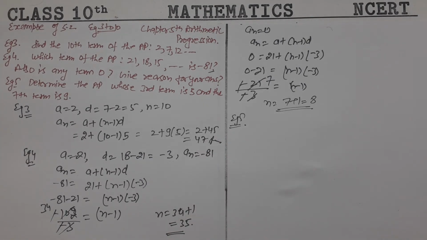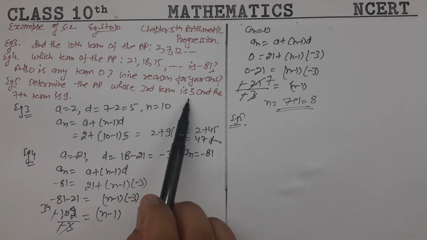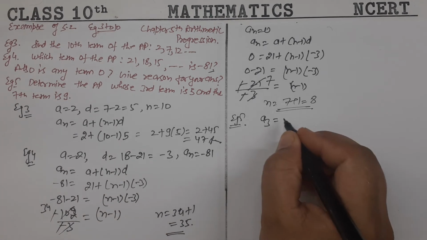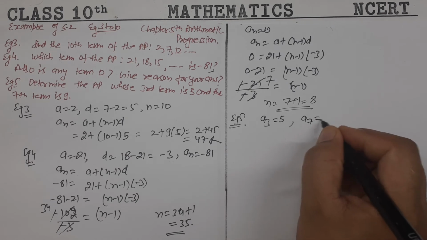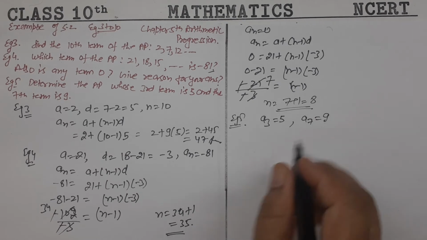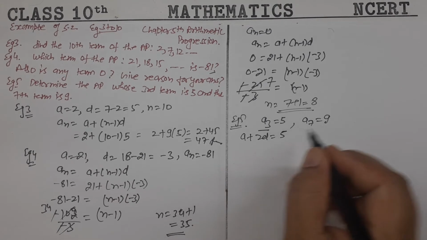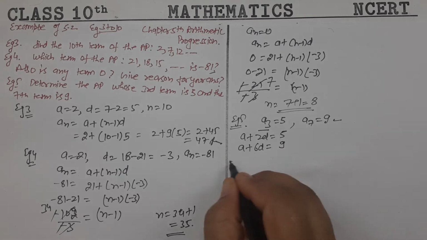Example number 5. Determine the AP whose 3rd term is 5 and 7th term is 9. 3rd term A3 is equal to 5. 7th term A7 equals 9. We can write it as A plus 2D, and A7 as A plus 6D.